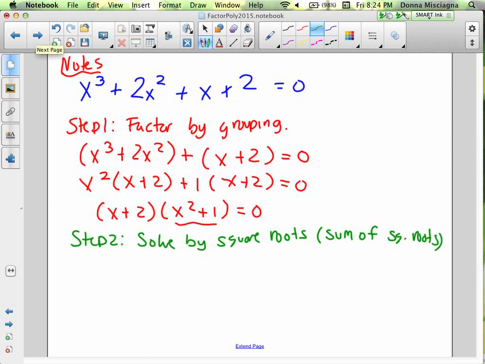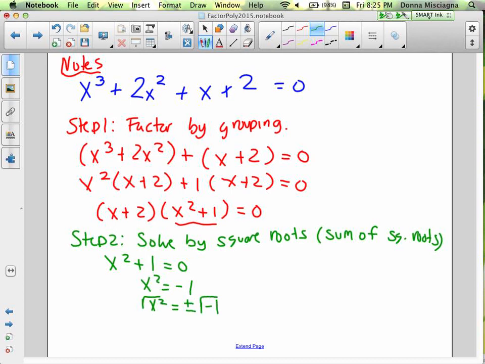All right, so for x squared plus 1, I can't factor that. We're going to solve by taking a square root. So you're going to subtract 1 from both sides, so you have x squared is equal to negative 1. Now, the reason I say that you'll make more errors with solving by square roots, and to reserve it for when it is your only technique, is because so many of you forget to do this, plus or minus.